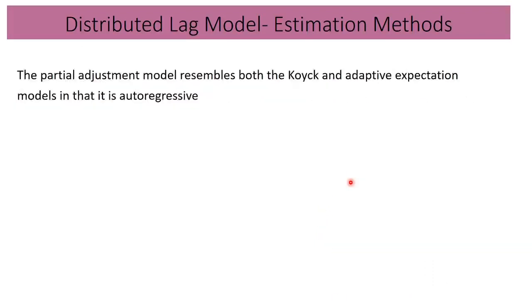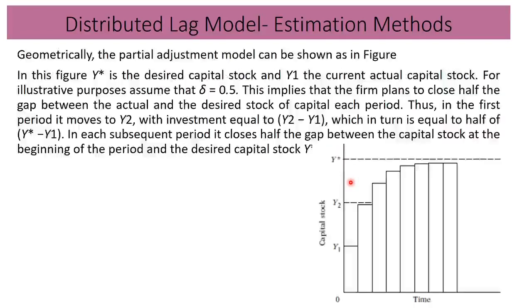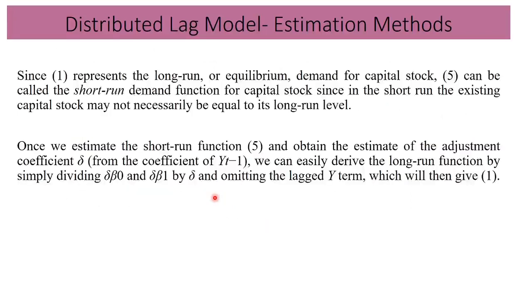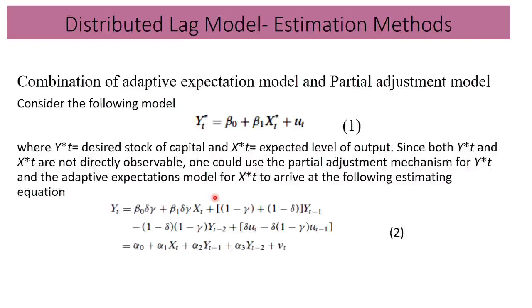The partial adjustment model resembles both the Koyck and adaptive expectation models in that it is also autoregressive, since it incorporates the lagged value of the dependent variable. Now, a combination of the adaptive and partial adjustment models is given here.